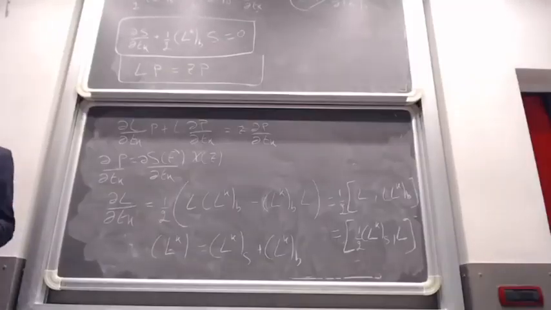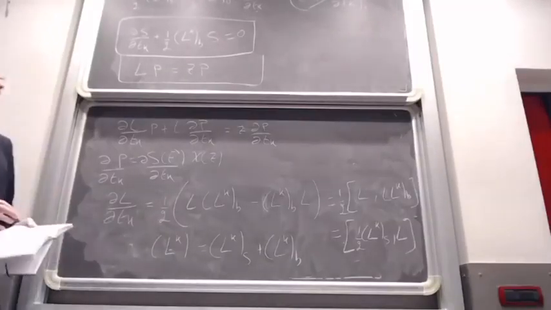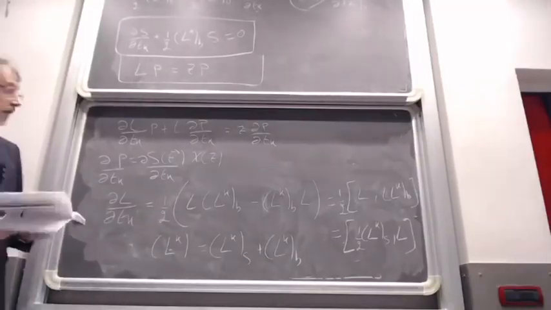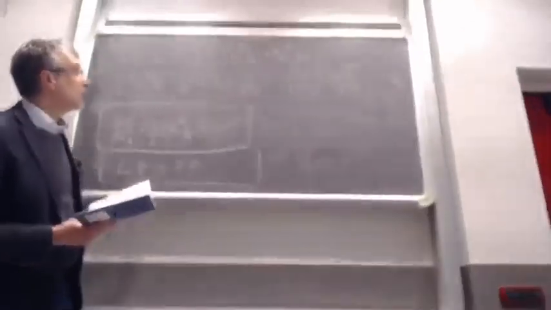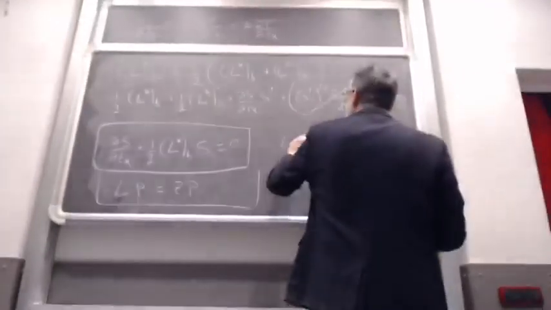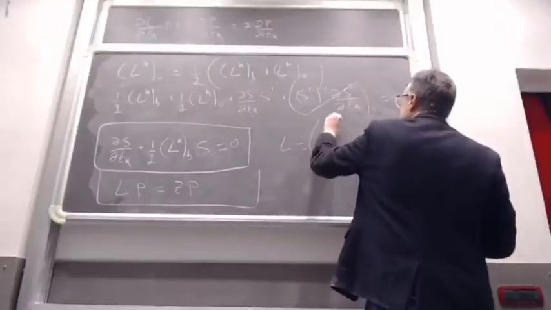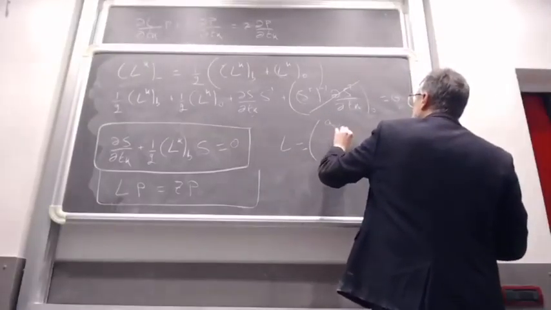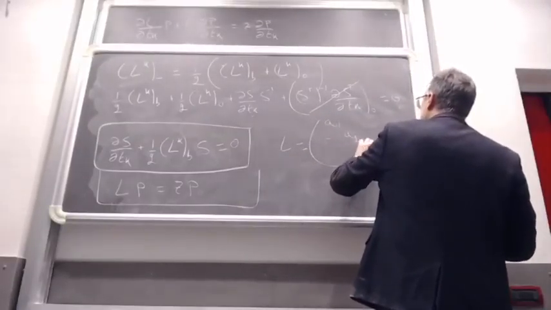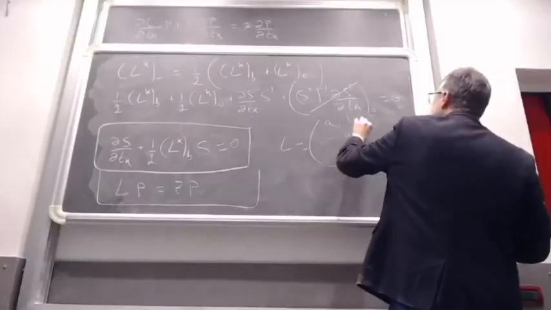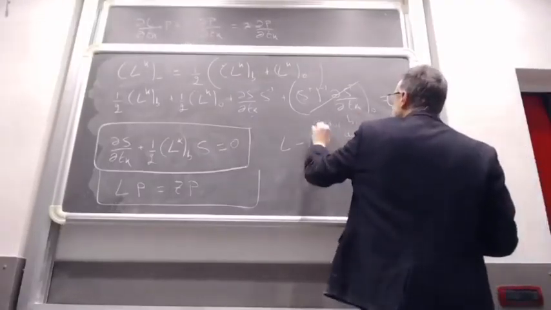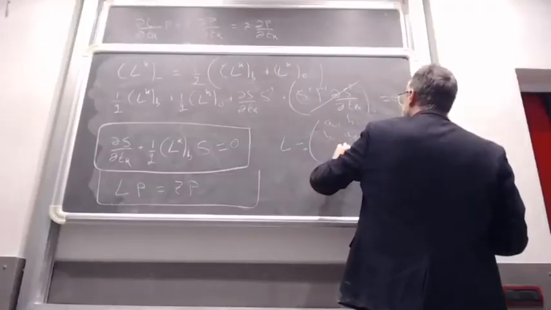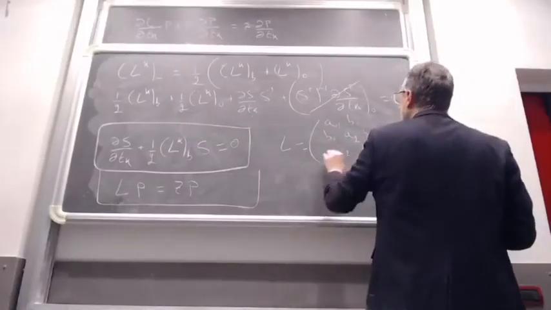Okay, and this is the result, showing that the Lax matrix, which we can think of as having off-diagonal entries A1, A2, A3, and so on, and diagonal entries B1, B2, B3, and so on.